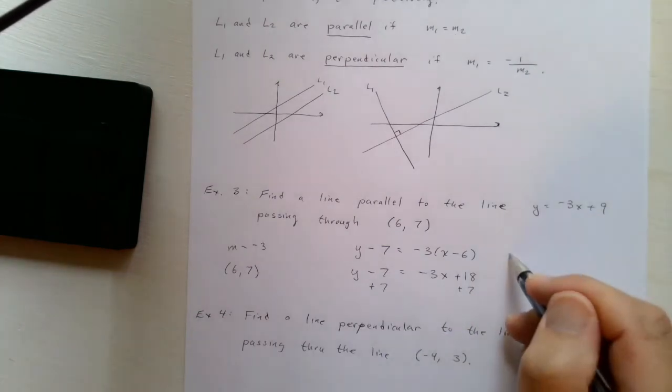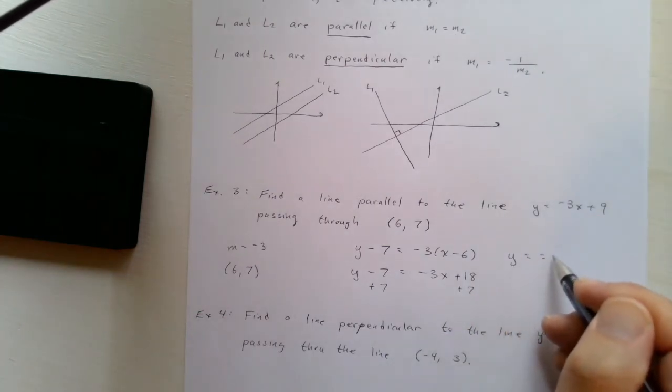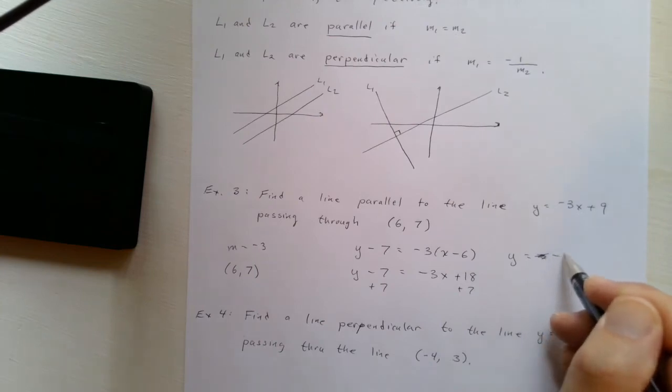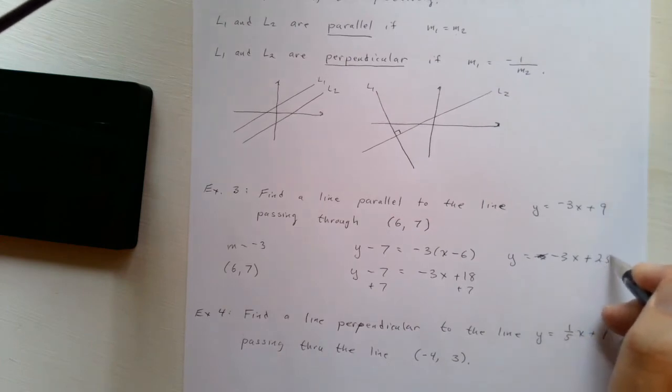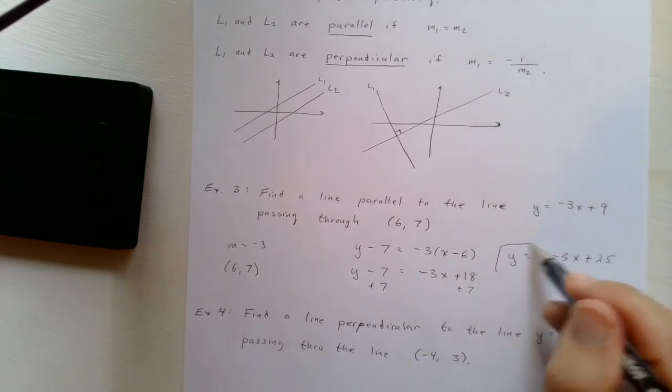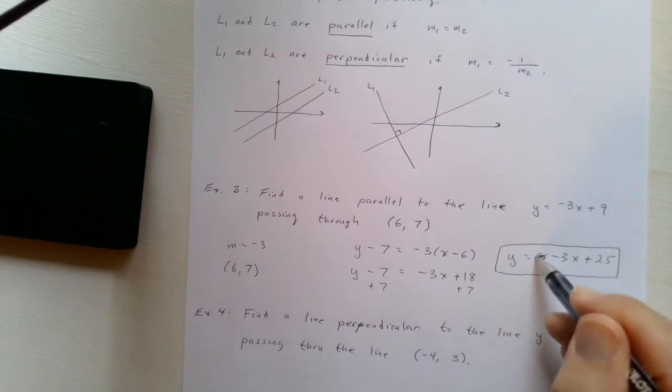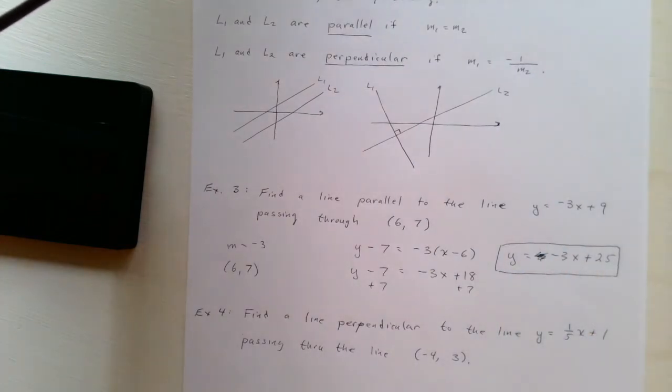And so you get y equals negative 3x, 18 plus 7 is 25. And in fact, I said find a line. There's only one line that's parallel to this line that goes through this point.